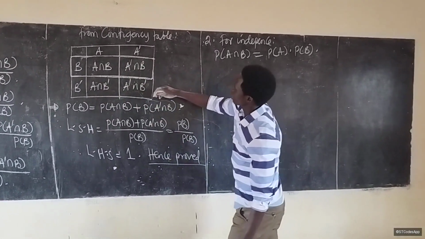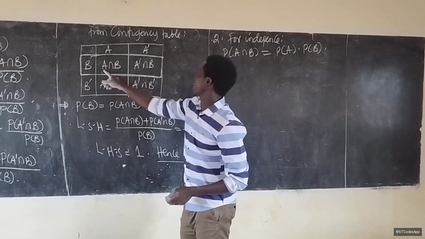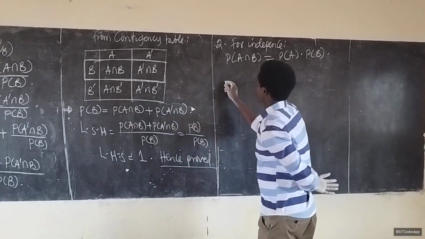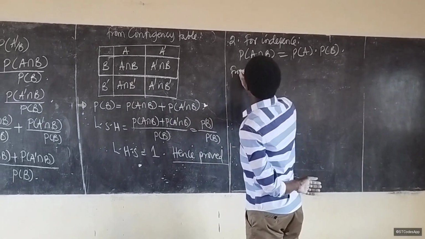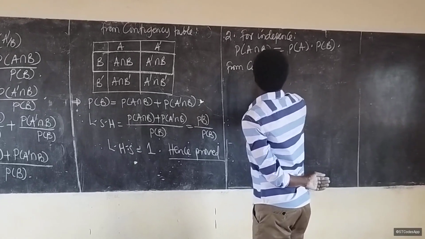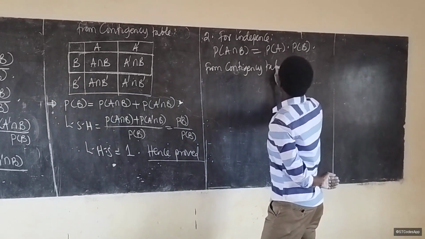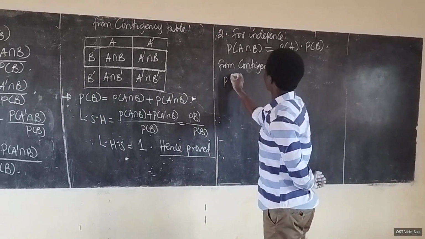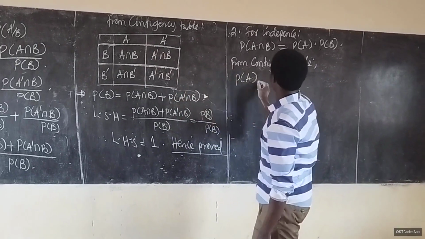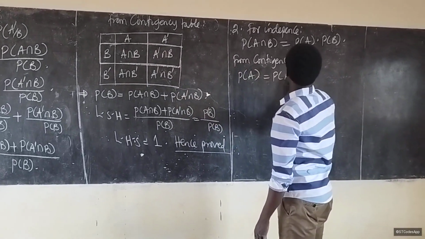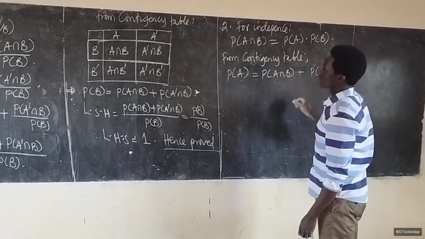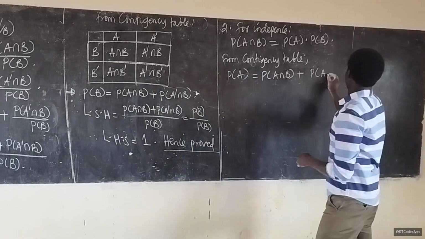From the contingency table, I want to see what is connecting A and A intersecting B. We have that probability of A itself is combining these two. It is equal to probability of A intersecting B plus probability of A intersecting B prime.